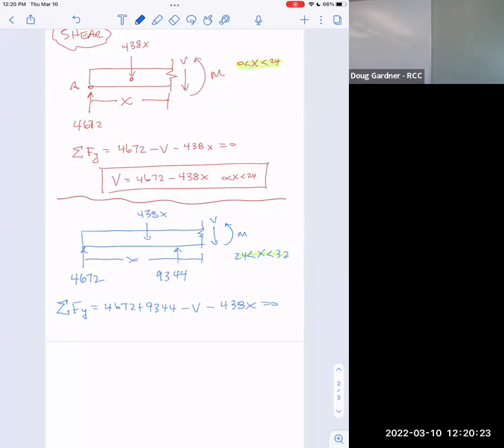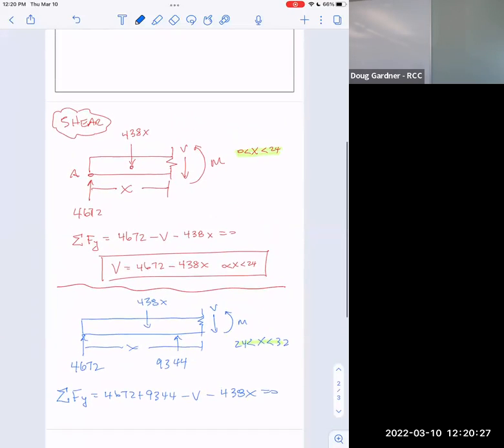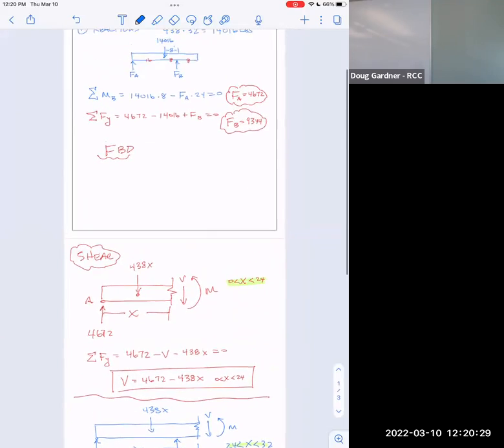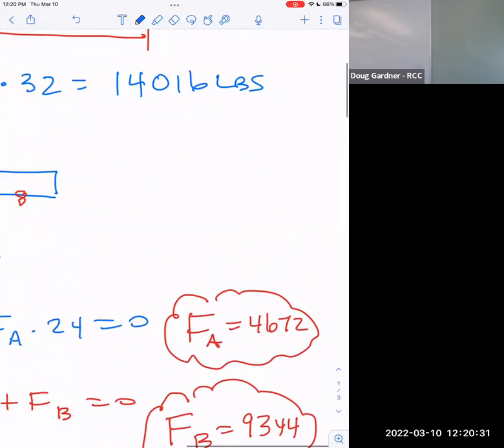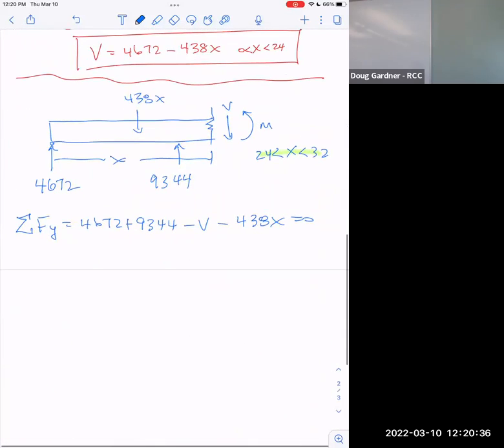Now, of course, 46.72 plus 93.44 is the sum total, that 1416 number we had earlier, right? It's that number, 1416. So in the end, my shear equation becomes, if I add V to the other side, 1416 minus 438X. And again, important to note that this is only true because it's a totally different equation.